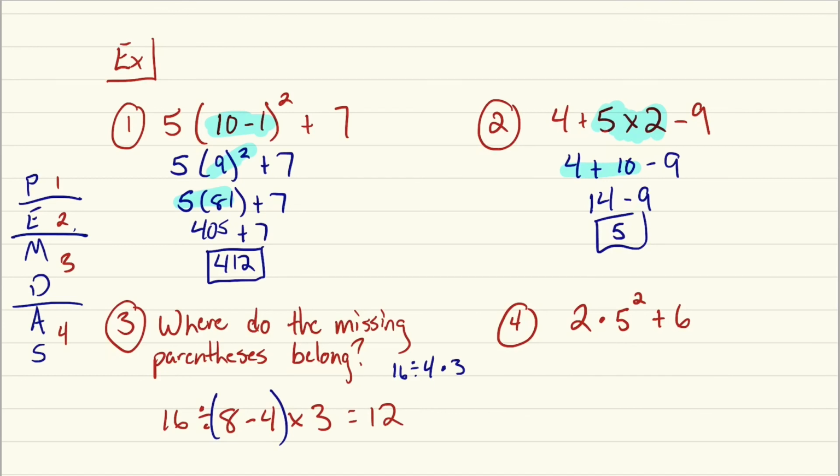Well, moving from left to right, I would have to do 16 divided by 4 first, which is 4, times 3, which is 12. That actually works out. So by trial and error and following the order of operations once the parentheses get put into the problem, I was able to figure out that the parentheses need to go around the 8 minus 4. Because doing that, I am able to get 12 out of my problem.